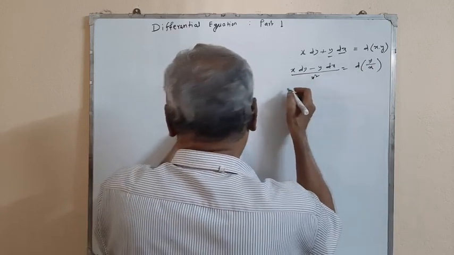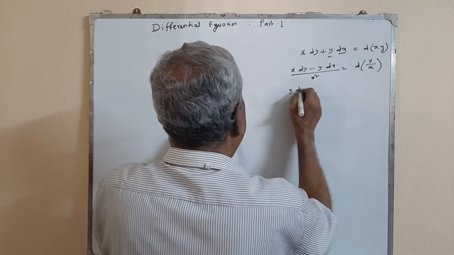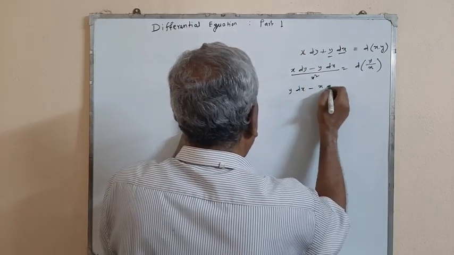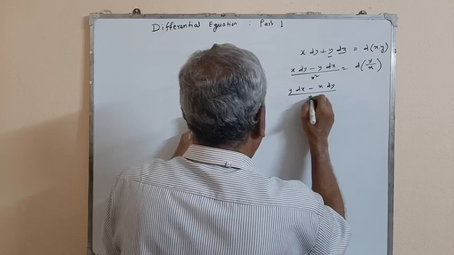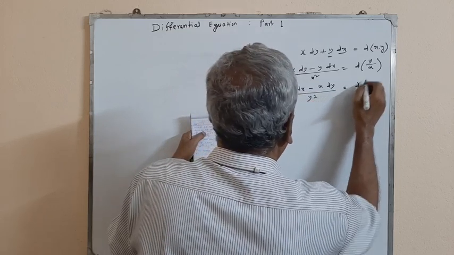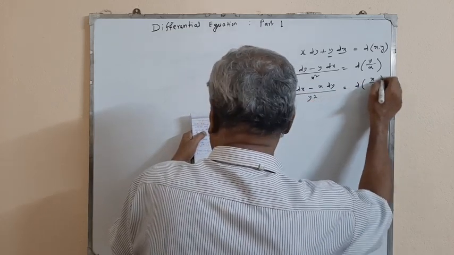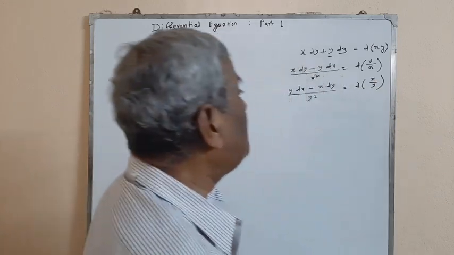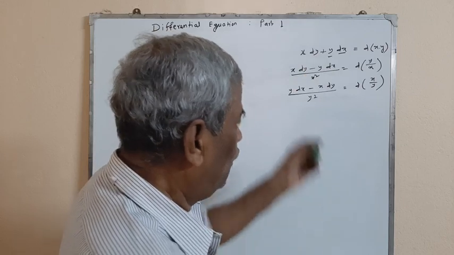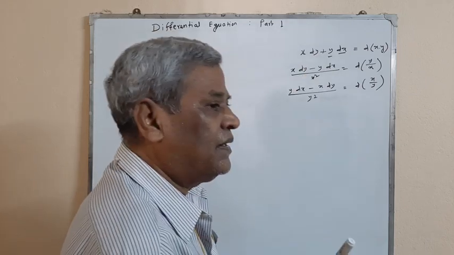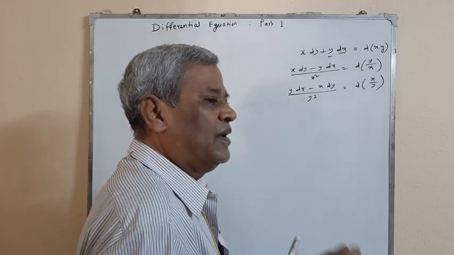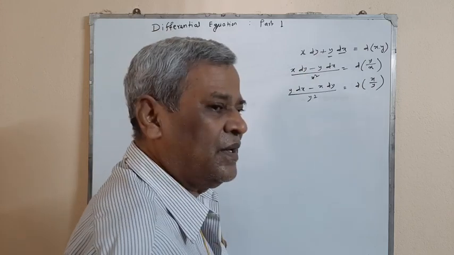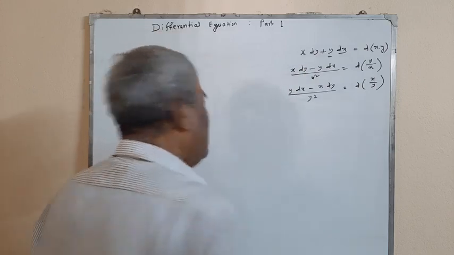And finally, (y dx minus x dy) by y squared is equal to d of (x by y). Using these rules, very easily, sometimes integration can be done quickly and easily.